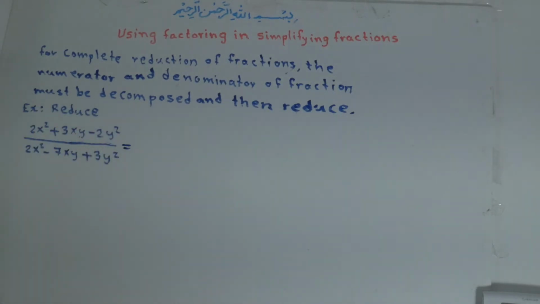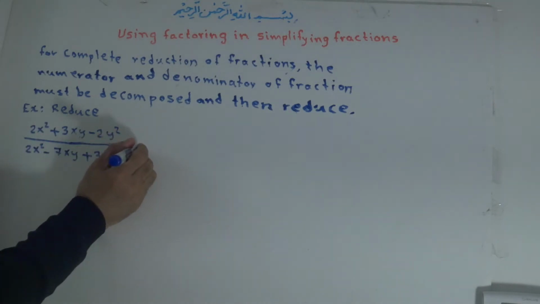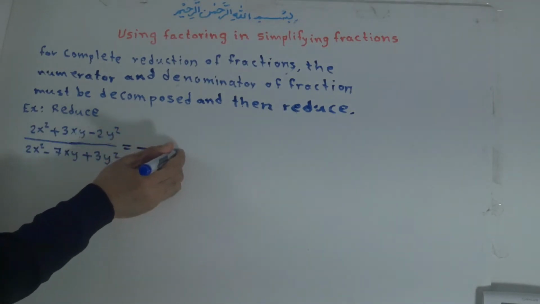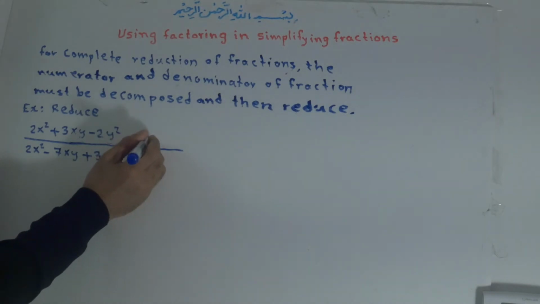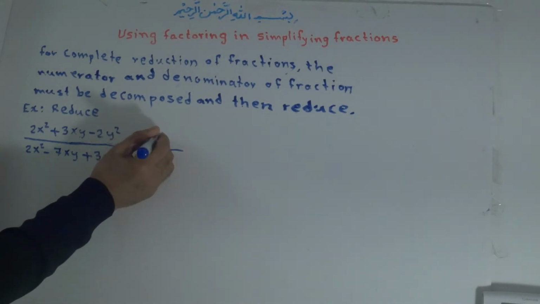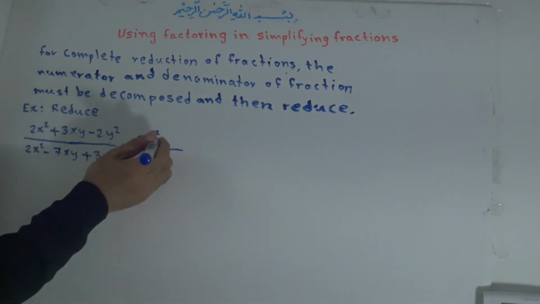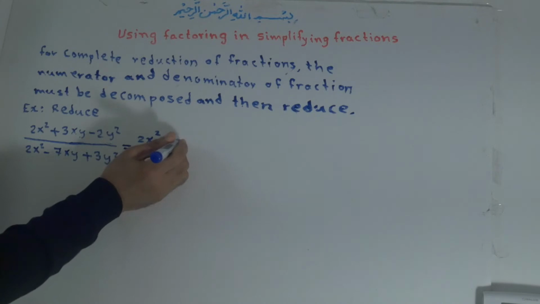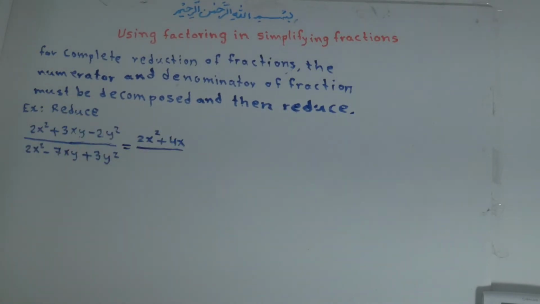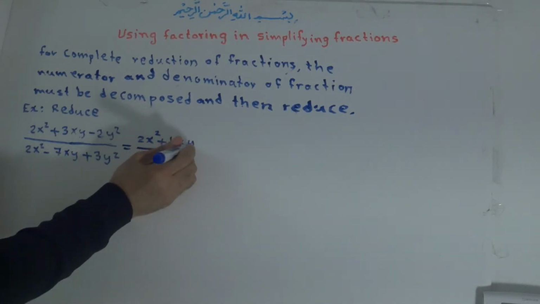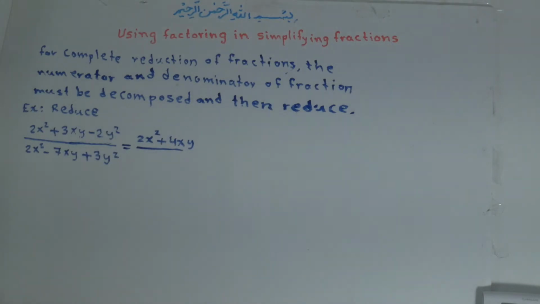We factor or decompose the numerator and denominator. For this reason, we should find a number that we add to this one and subtract from this one. So this is 2x to the power of 2 plus 4xy, because there is 3xy, we add one more.